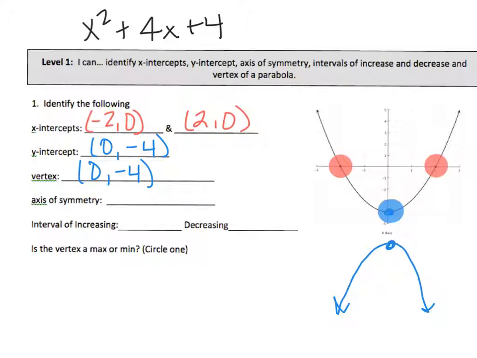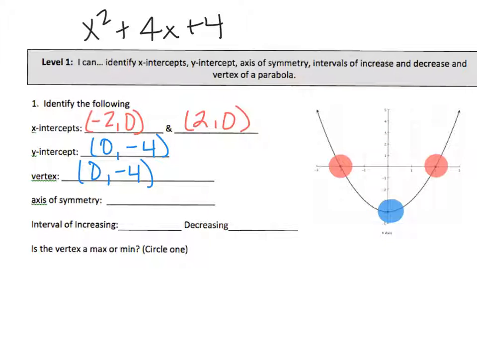The vertex could also be the highest point when a parabola could look like that, and the vertex could be up there. Okay? The axis of symmetry, so think about what symmetry means. Symmetry means same on one side as it is on the other side. So the axis of symmetry, if I draw a line here, the left side isn't the same as the right side. If I draw a line here, it's still not the same.